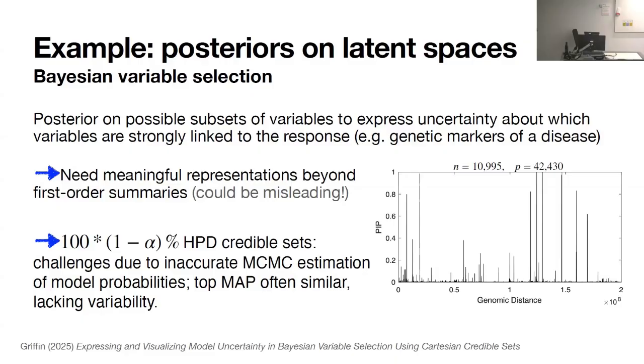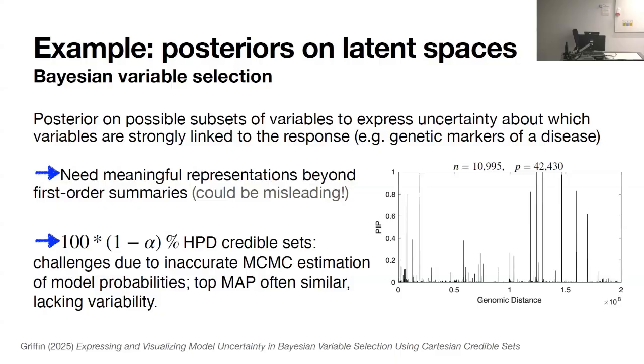In variable selection, we get out these samples of binary vectors. So we get this posterior distribution over possible subsets of variables that expresses our uncertainty about which variables are strongly linked to a response. For example, maybe we're looking for genetic markers of a disease. This is a picture taken from Jim's paper of a GWAS study.